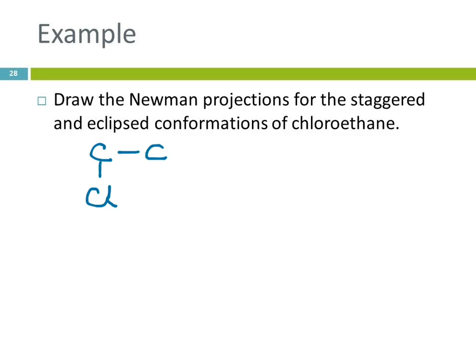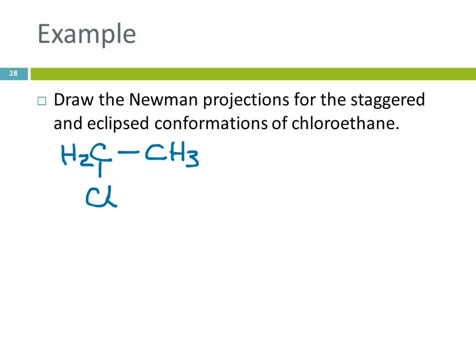And then the rest of this is made up with hydrogens. So this carbon is going to have 3 hydrogens. This carbon is going to have 2 hydrogens. Sometimes we put the hydrogens before the carbon at the beginning. Sometimes we don't. So this carbon has 2 hydrogens and a chlorine attached to it. And this carbon has 3 hydrogens attached to it.